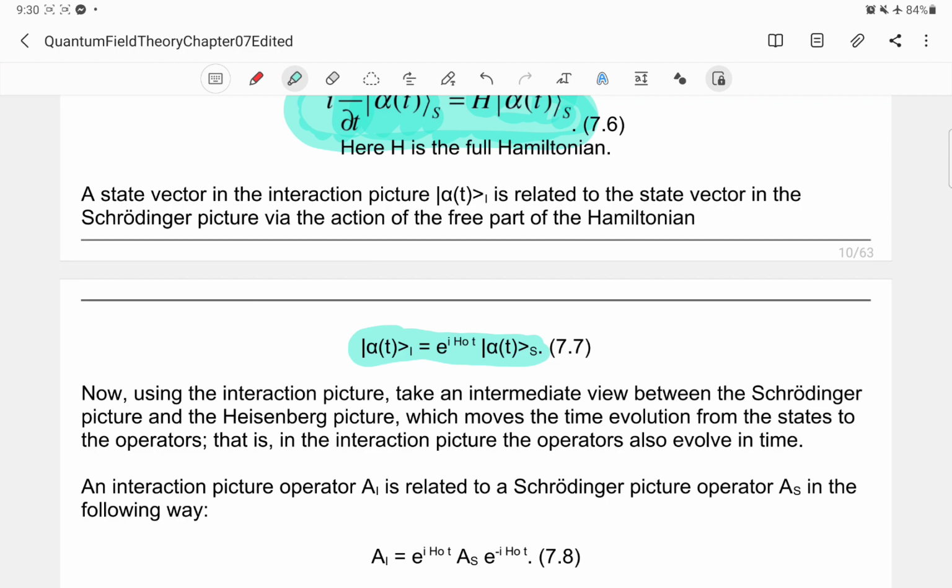The interaction picture operator AI is related to the Schrödinger picture AS in this manner. Again, the H0 here is the free Hamiltonian part of the full Hamiltonian.